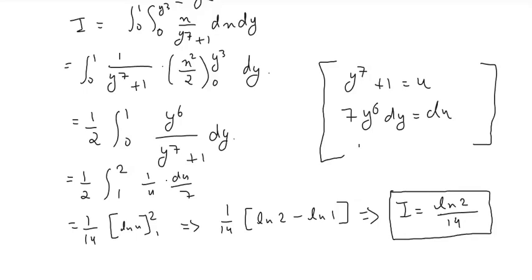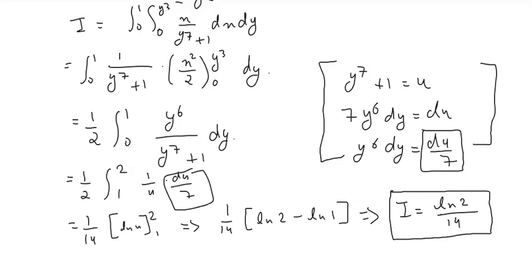Now y to the power 6 dy is equals to du upon 7. So from here we will put y to the power 6 dy is equals to du upon 7. Here you can see we are putting it, and this is our final answer. I is equals to ln 2 upon 14.